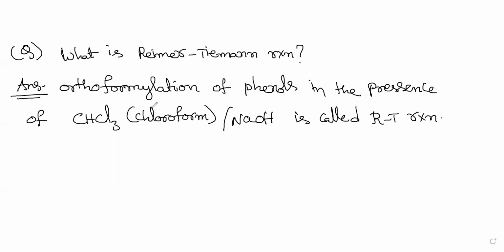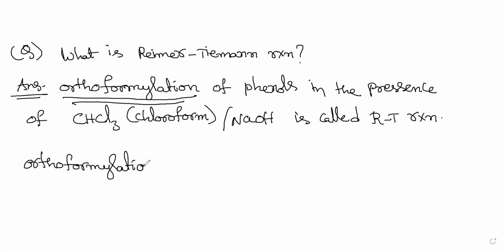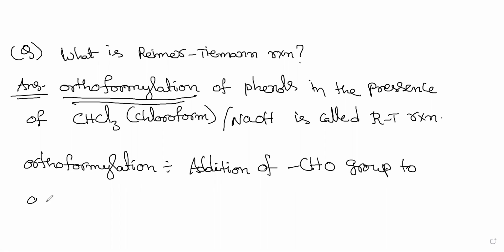So what is ortho-formylation? It's a very specific word. Ortho-formylation means addition of CHO group to a phenol at the ortho position.